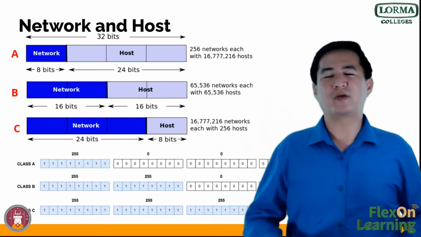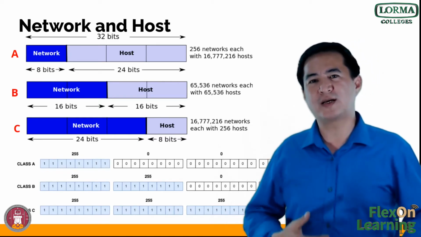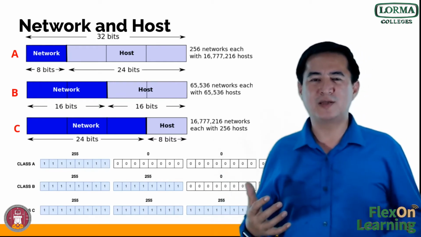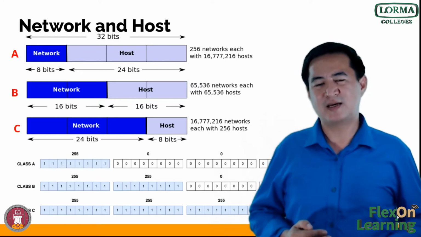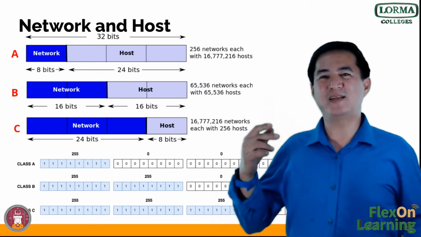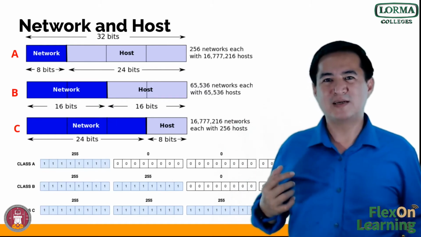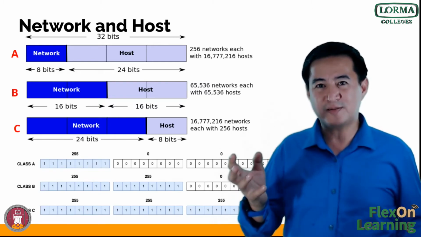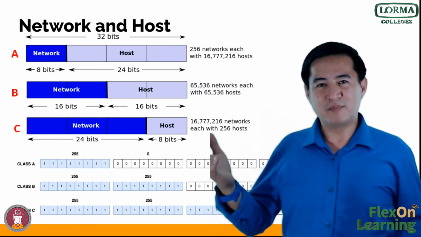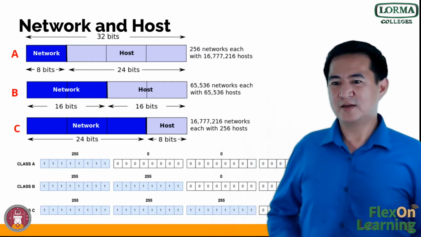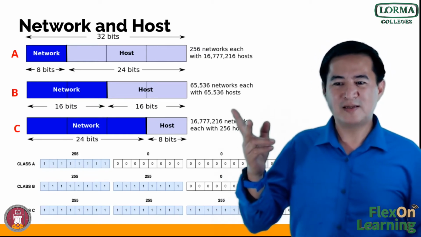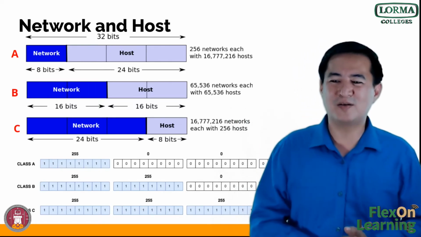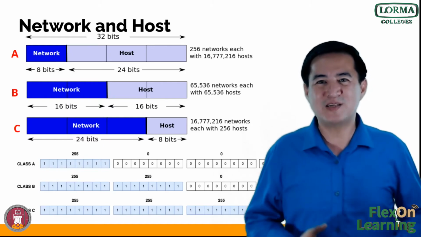So now, if you're going to design one for your organization, you have to decide which class you are going to use depending on the size. However, the problem is you are only limited to class A, B, and C. So if you have less than 200 computers, you go to class C. But if you have 300 computers, then you have to move on to class B, in which case the number of hosts for that particular class is 65,000.